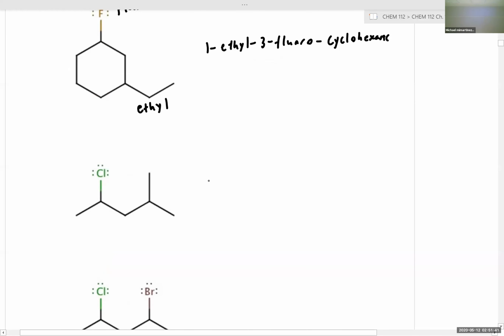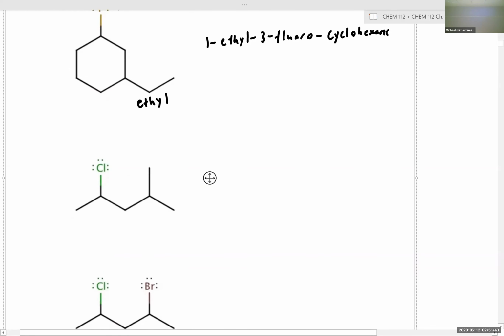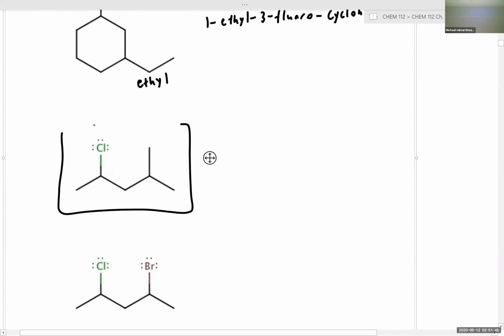I'd like you to take about 1 to 2 minutes and to try to name this following second compound.